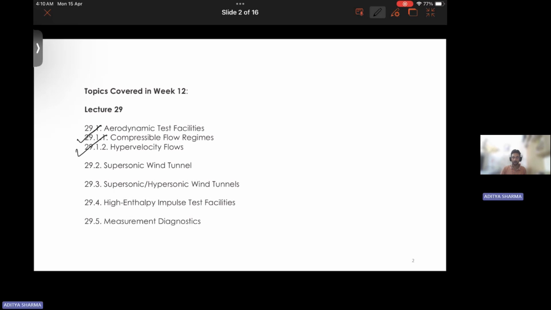If we wish to simulate these high speed or high enthalpy flows, what is the energy requirement, or what is the power requirement? The estimate of that has also been discussed in one of the slides under aerodynamic test facility.